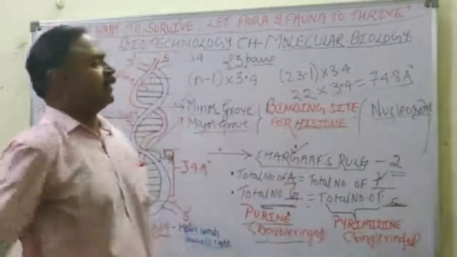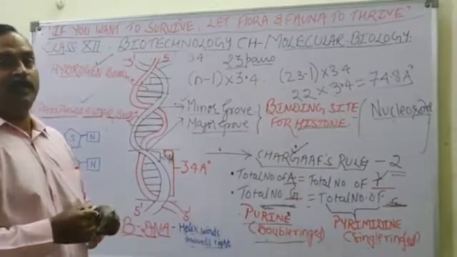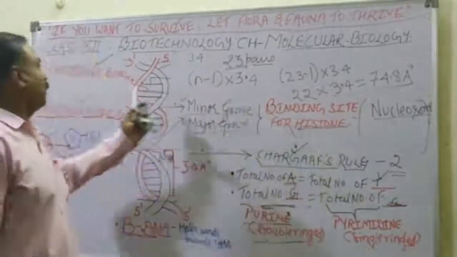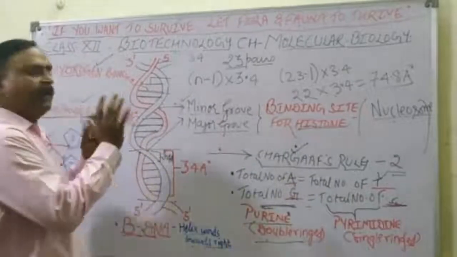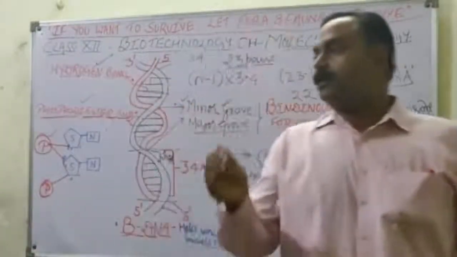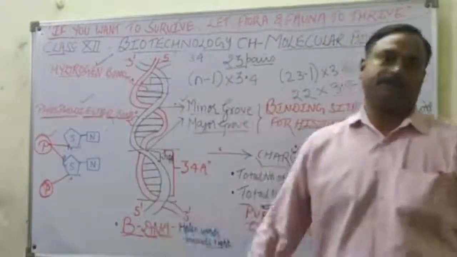Such numericals are asked in board examinations related to DNA structure. So this is all about your B-DNA. That is the first part of the first chapter of your nucleic acid.